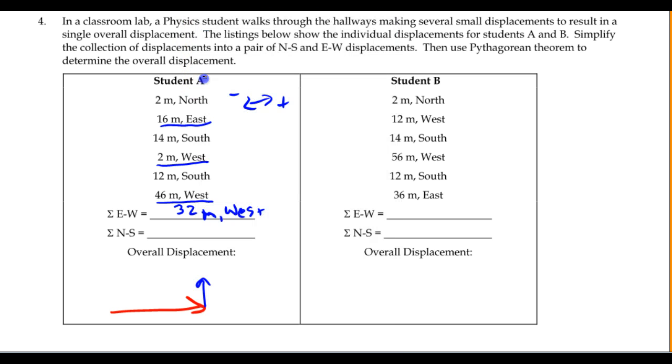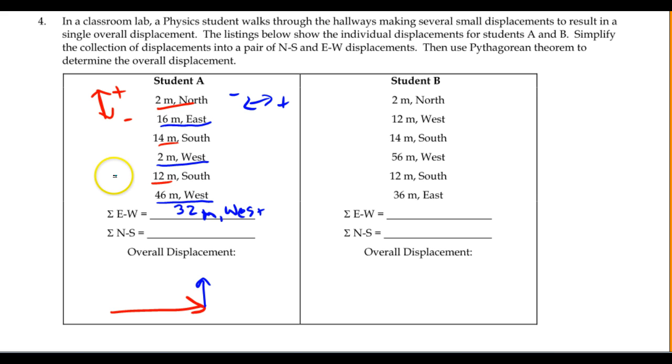If I look at the north and south, I have a 2 to the north. So if I go positive north and negative south, I have plus 2. Then 14 to the south, so I'll add a negative 14 to that. And then 12 more to the south, so I'll add another negative 12.